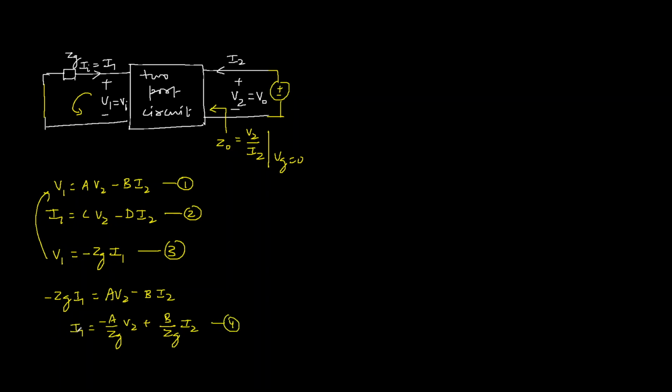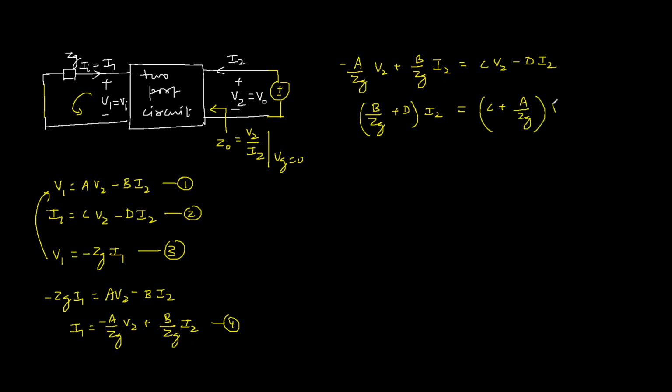Now we will replace this I1 from equation 4 into equation 2. So this is minus A ZG V2 plus B ZG I2 equal to CV2 minus D I2. So this is B over ZG plus D I2. On the right hand side, we have C plus A ZG into V2. So this is B plus D ZG over ZG I2.